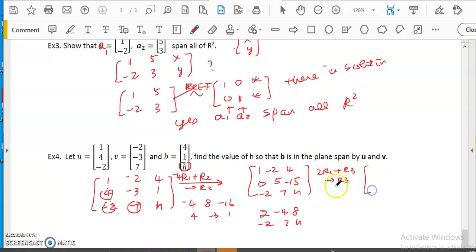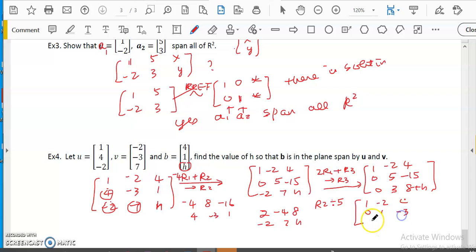So it becomes 1, -2, 4, 0, 5, -15, and then 0, 3, x plus h. Now I need to get rid of the 3, but I can divide R2 by 5. So 1, -2, 4, 0, 1, -3, 0, 3, x plus h.